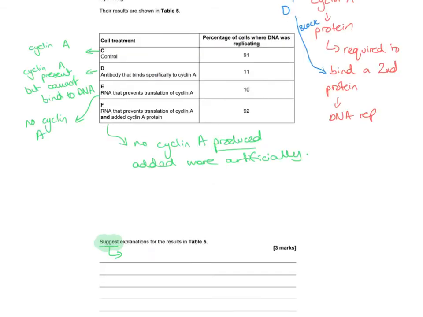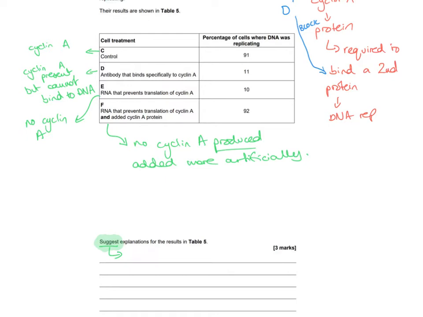Okay, so I'm going to look at this question, and the first thing I'm noticing is that it's a suggest question. You'll remember this from GCSE. Suggest means we haven't studied this, so we haven't studied cyclin A or its role, but we just have to look at the mechanisms and think what explanations could be possible here. Now, looking back at that data, it's a 3 marker, and I've got a control plus 3 conditions.